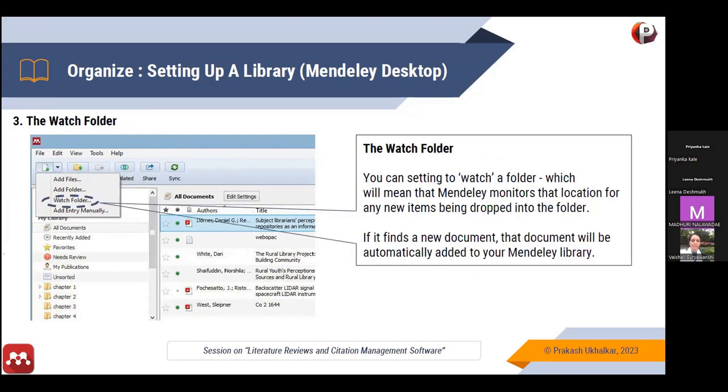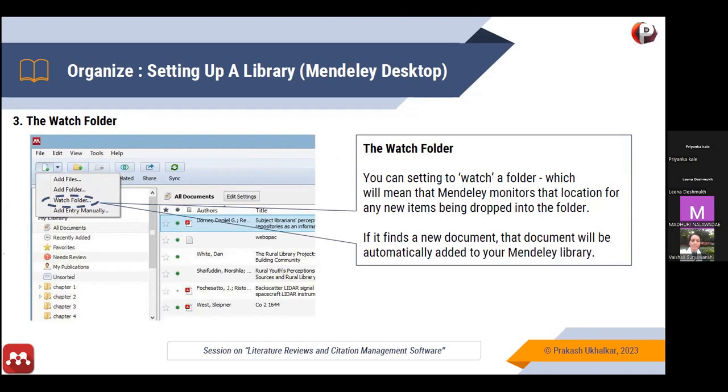Then watch folder. So how is it different? You can set a watch folder for your particular research literatures, and then Mendeley will do the rest, right? Every time you don't need to open the Mendeley desktop interface or Mendeley web interface, and you don't need to go to the add file or add folder section and add it.